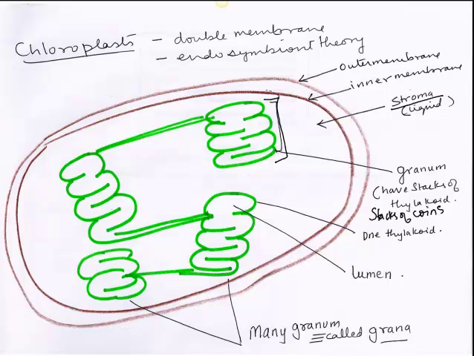This is called the granum. Now each coin is a thylakoid. Inside the thylakoid is the lumen, or a liquid. The membrane of the thylakoid is the most important thing, which contains the photocenters, which are capable of photosynthesis.